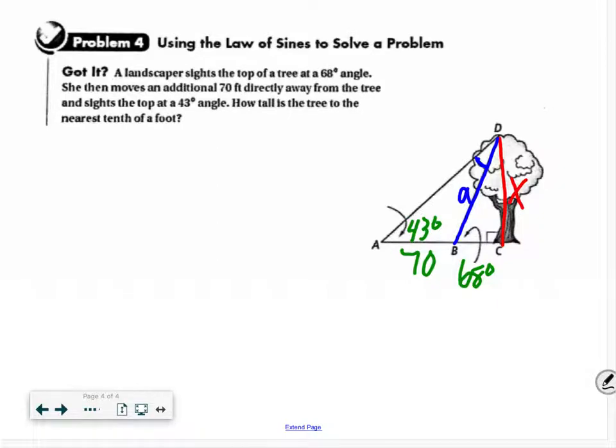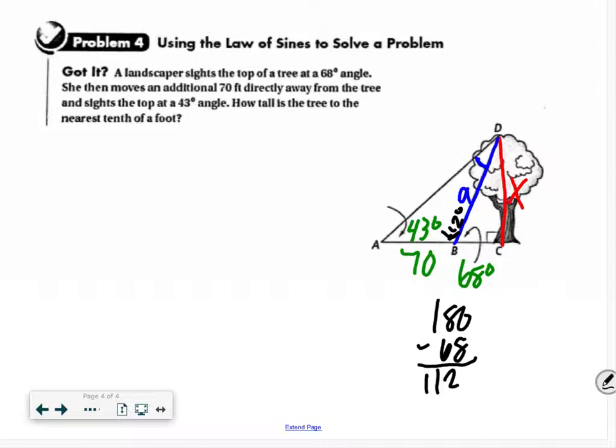Lots of geometry today. If this angle is 68, how can I find this angle right here? Subtract it. Good. 180 minus 68. How much is that angle? 112. So right in here we got 112 degrees. How does that help me find my blue angle?